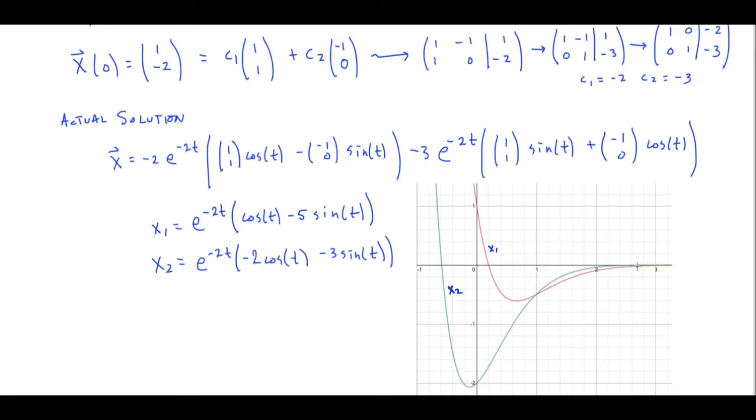If we were to zoom in, we might see some more oscillation, but effectively it just returns to equilibrium. Similarly, x2 passes through negative 2 as predicted by our initial condition, and then more or less heads immediately to 0 because of the strength of the exponential driving it to 0.